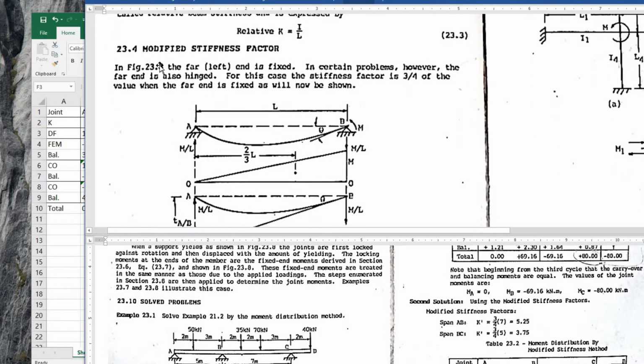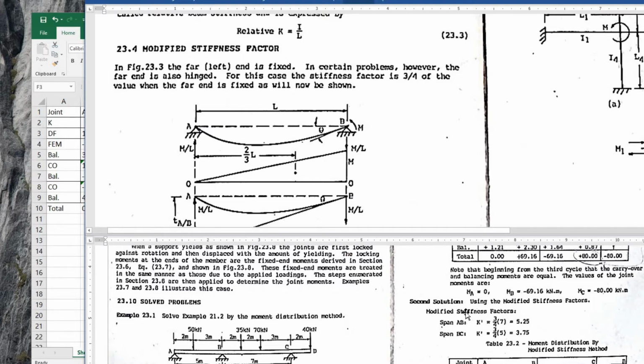Okay, in certain problems, however, the far end is also hinged. For this case, the stiffness factor is 3/4 of the value when the far end is fixed, as will now be shown. Okay, so that is 3/4. So that is applicable only if the far end is hinged.